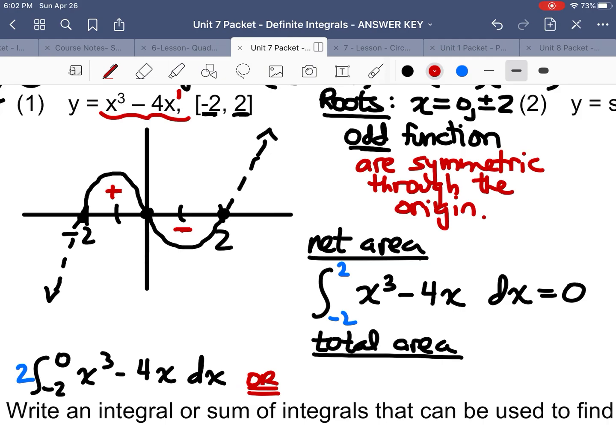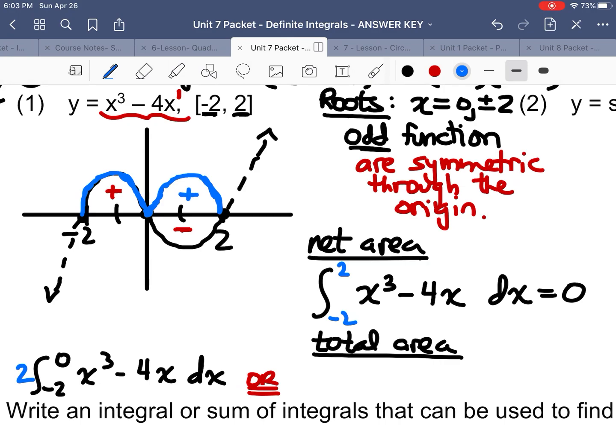Or, and this is a little bit of a more universal approach. This goes also back to years past. Algebra 2 is where this one should have been first introduced, would be the absolute value of a function. The absolute value of a function takes the function itself and keeps any part of it that's positive, positive, but then takes any part of it that's negative and makes it positive.